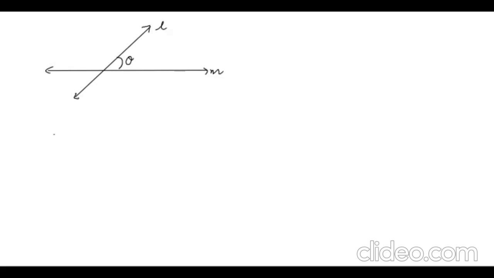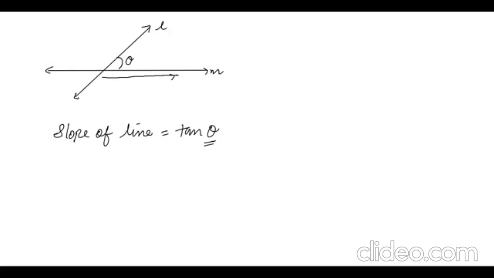If you are interested in finding the slope of a line, then the formula for that is tan theta. But this theta should be considered as the angle made by the line with the positive direction of the x-axis. Be careful.